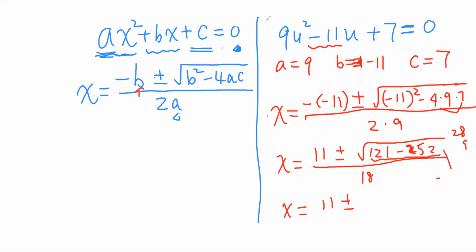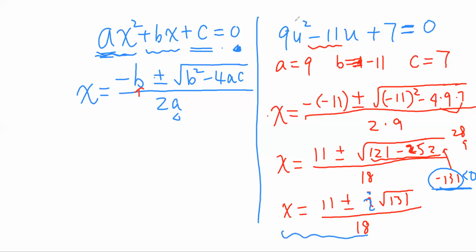The inside is negative 131. So it becomes an imaginary number. We need plus or minus, and make sure this is i here. Because this number is less than 0, the square root of a negative number becomes plus or minus i. So yes, what we did earlier is correct, though the setup was not quite right.